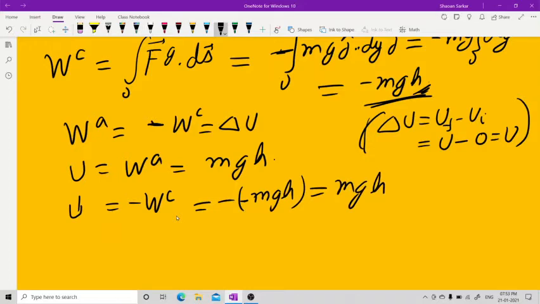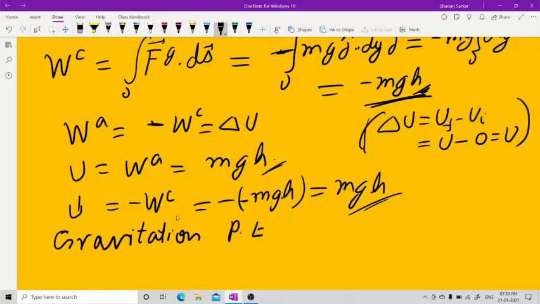Now see, whether you found potential energy from the point of view of applied or the point of view of conservative, you got the same answer. So gravitational potential energy is also quantified. It doesn't change whether you derive it from the applied force idea or the conservative force part.